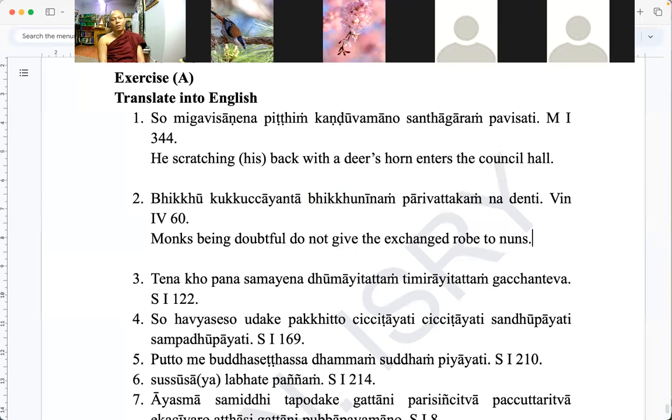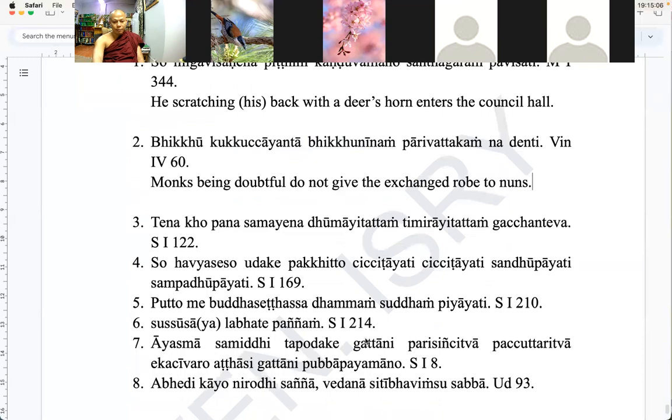That is why they do not give the exchange rope. So monks being doubtful do not give the exchange rope to nuns. And then now number 3.